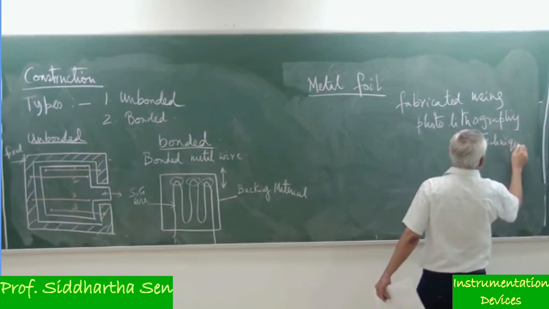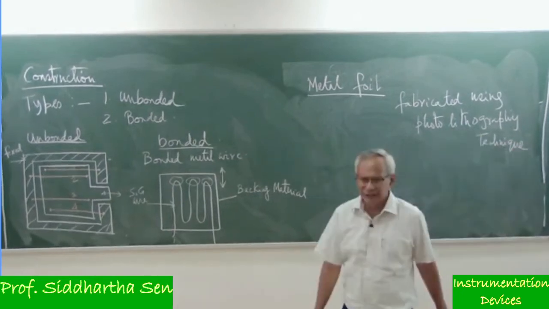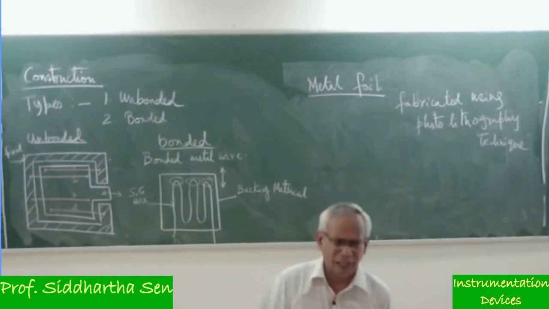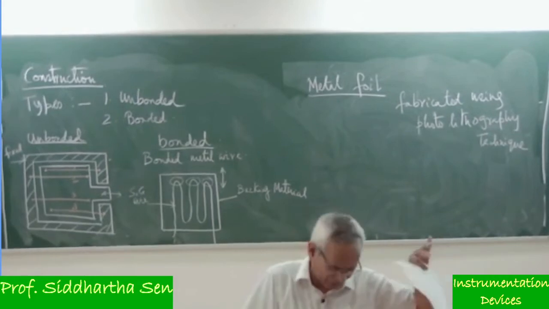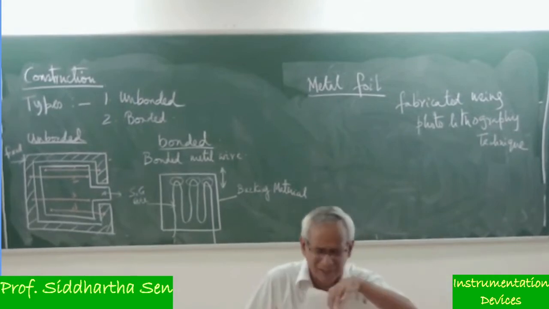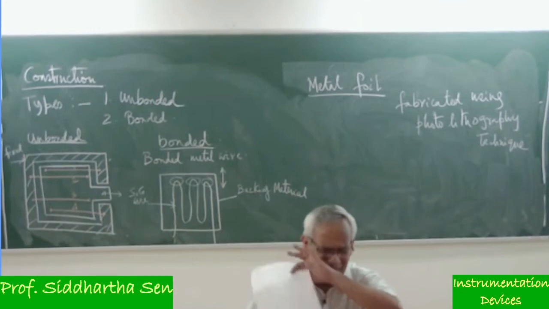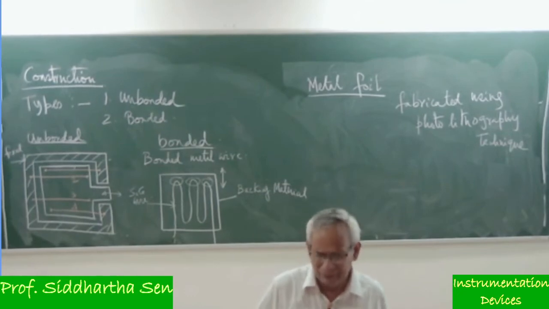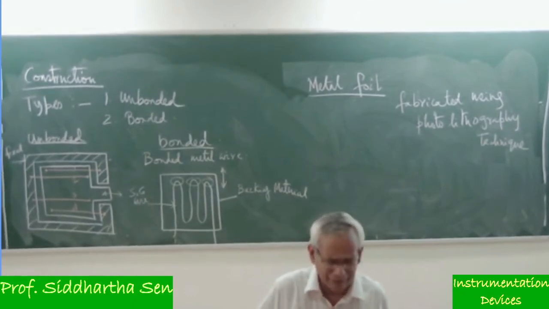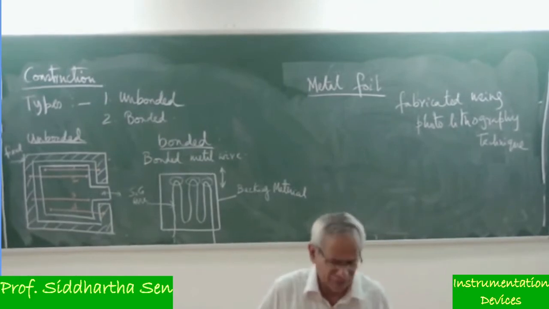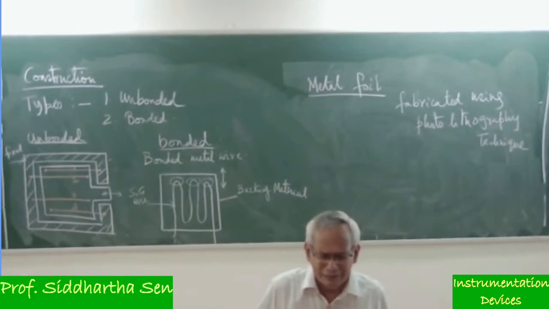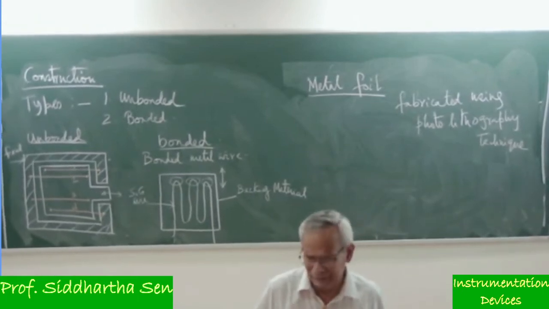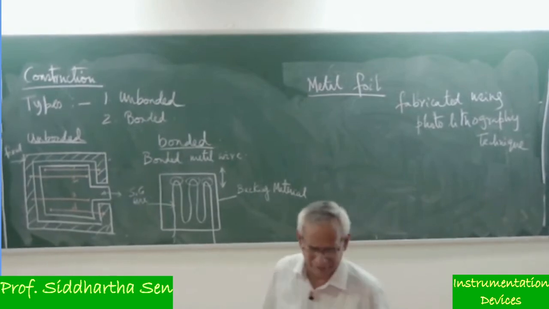I think you know the photolithographic technique that is used for semiconductors, transistors and other things. You take a backing material or substrate, put some metal over it, put a mask over it to generate a pattern, and remove the unmasked portion by etching or similar techniques.